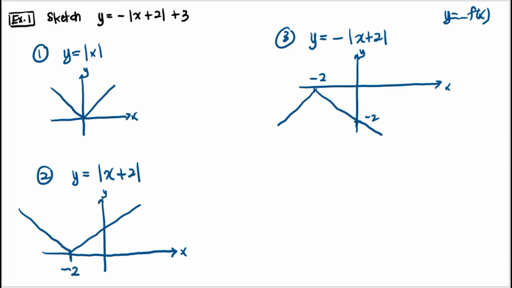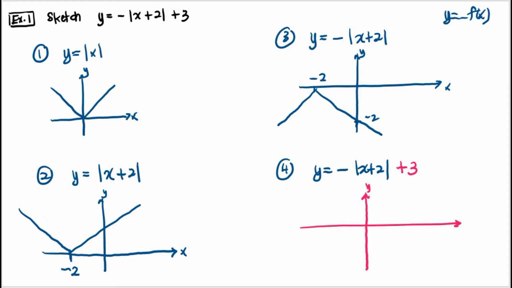And finally, we are going to shift the final graph from the third step upwards by 3 units, so that we have plus 3. Initially we have this graph, but we shift it upwards by 3 units. Shifting this graph upwards by 3 units, you bring this one upwards by 3 units.